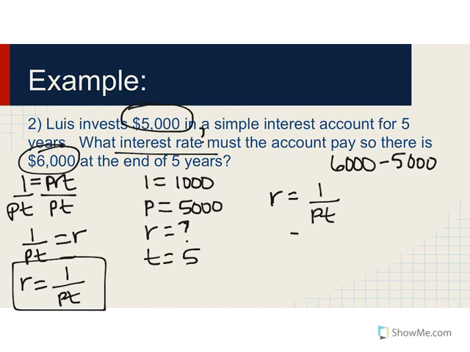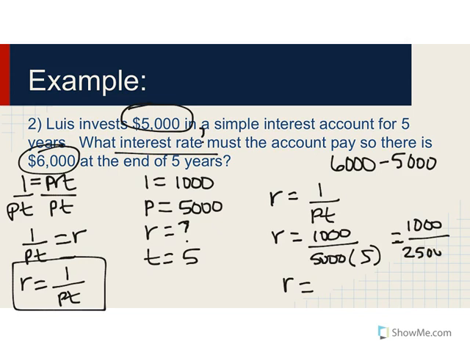My R is already by itself, so now we're just going to do the amount of interest that needs to be gained, divided by the principal, the amount that was already in the account, times the amount of years it's going to be in. Again, do the 5,000 times the actual 5 in the denominator because it will make it more accurate, leaving you with 25,000.